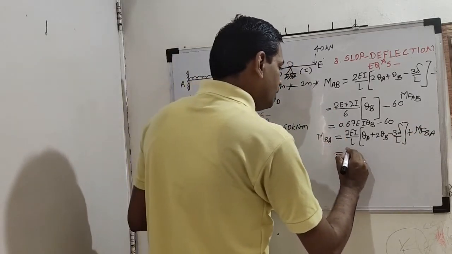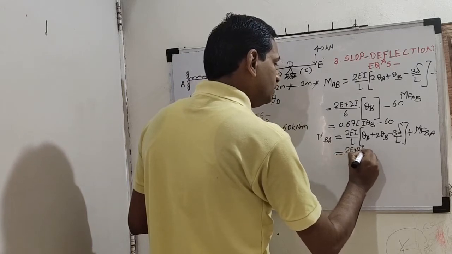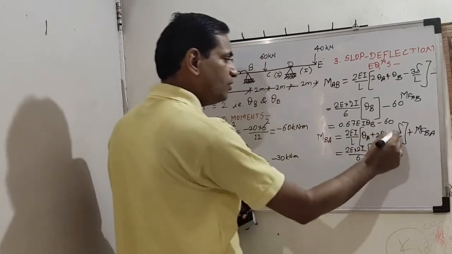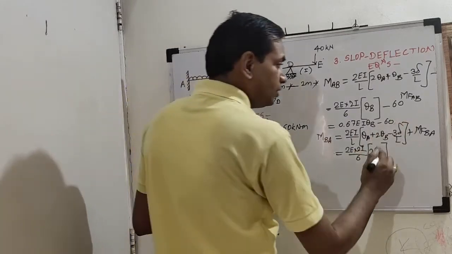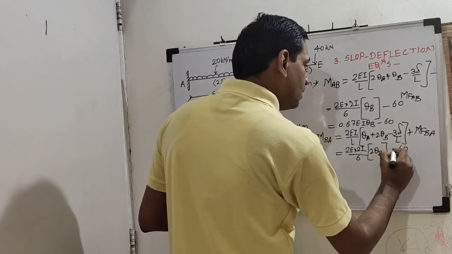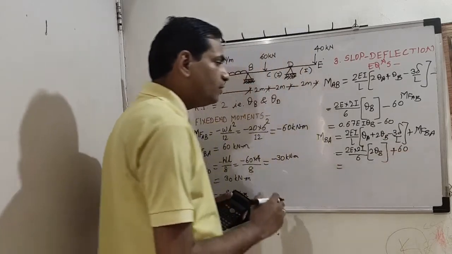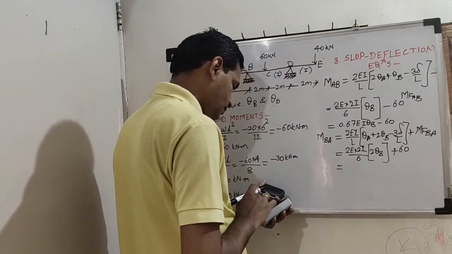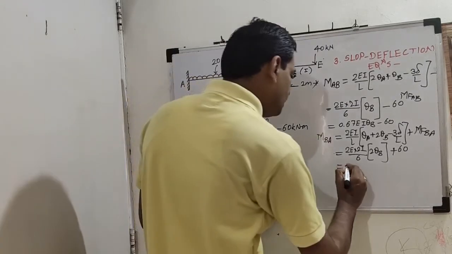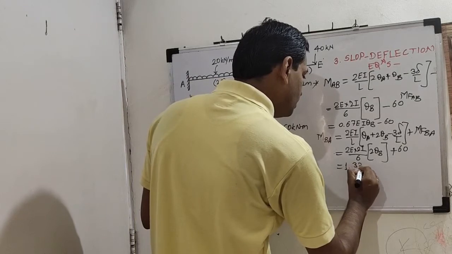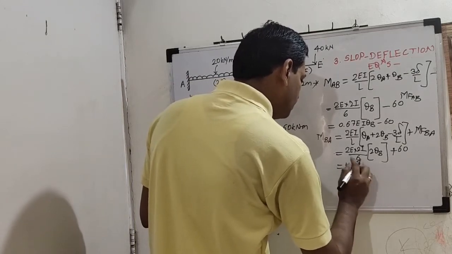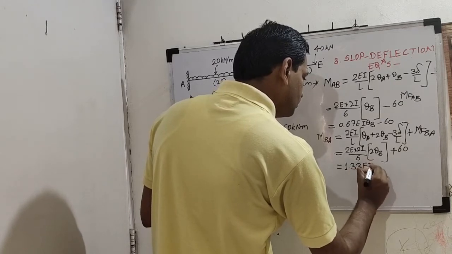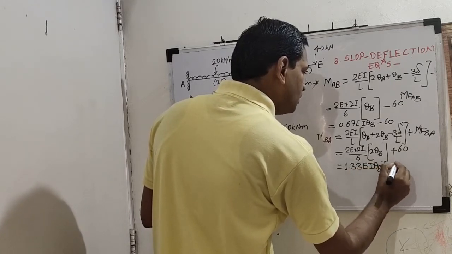So again 2E into 2I upon 6 into bracket 2 theta B. Theta A is 0 again, delta is 0. So MFBA is plus 60, correct? So how much will this be? 8 by 6. 8 by 6 is 1.33. So 1.33 EI theta B plus 60. Okay.